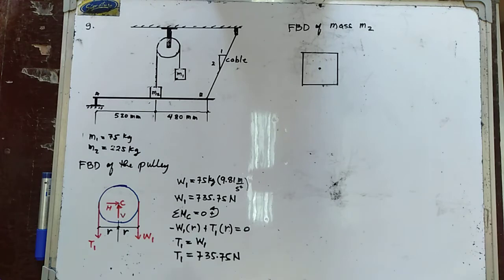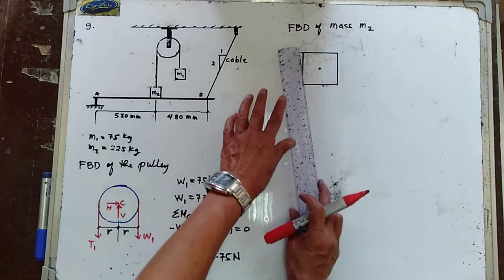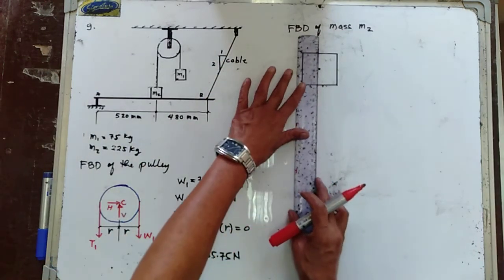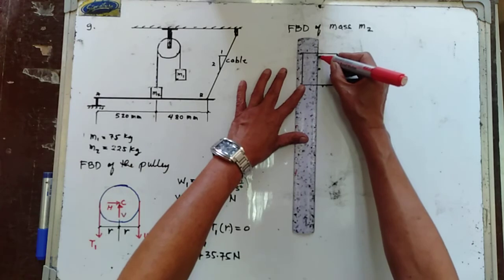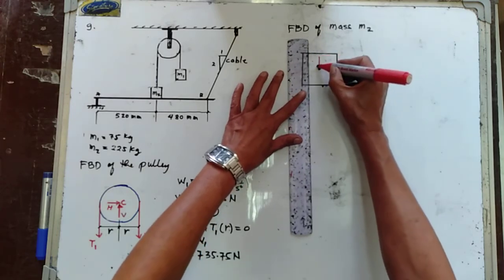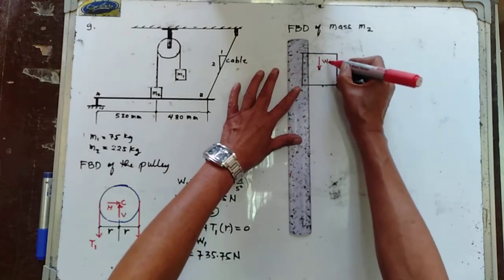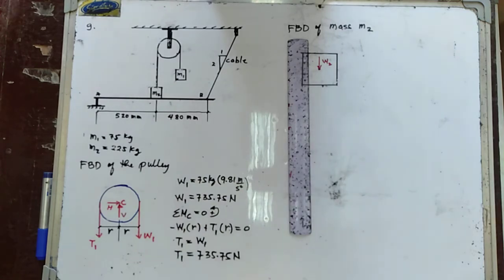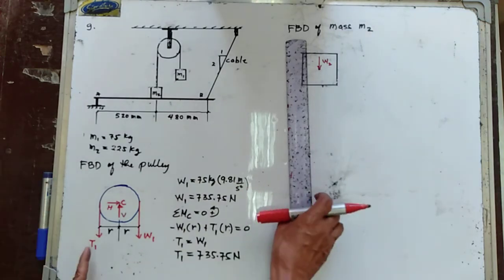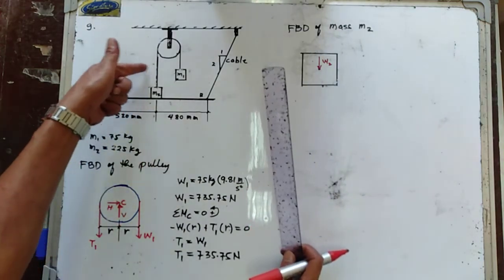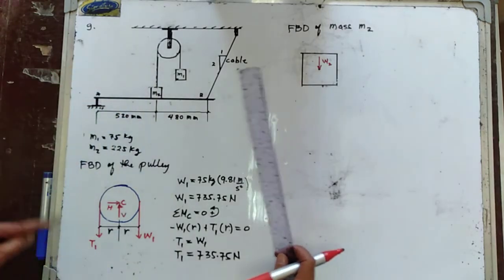So let's draw now the free body diagram. We have now the weight W2. That is your W2. And then we have this one in here. The tension in here is equal to T1.